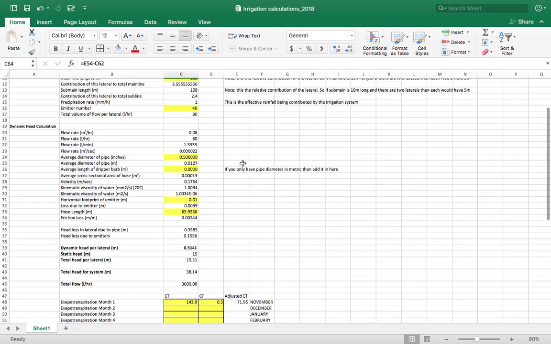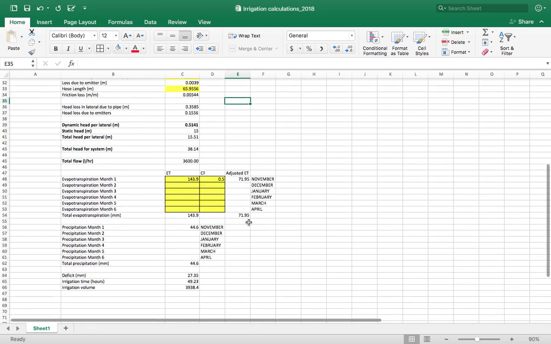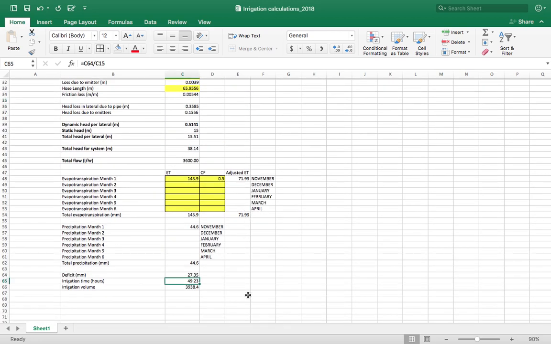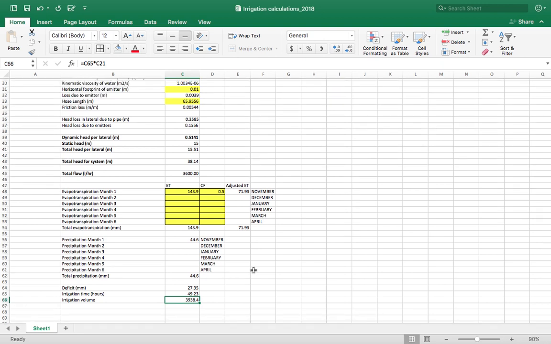Well, actually that 1 has just been rounded up. So again, this is the benefit of seeing all the numbers. So really it's 0.56. So we'd have to turn the irrigation on for 49.23 hours and deliver 3,938 litres of irrigation water to replace it. So that's not too bad, really.